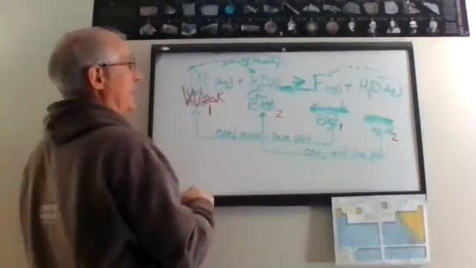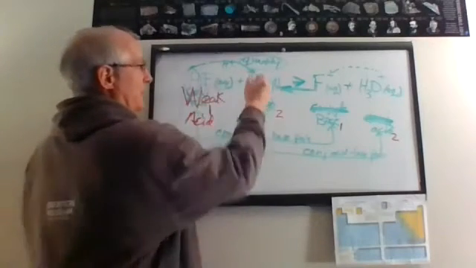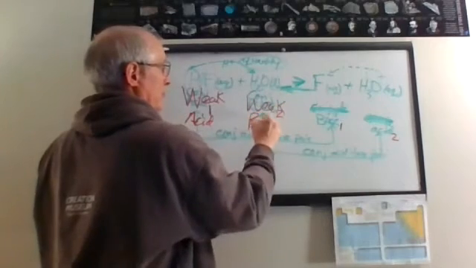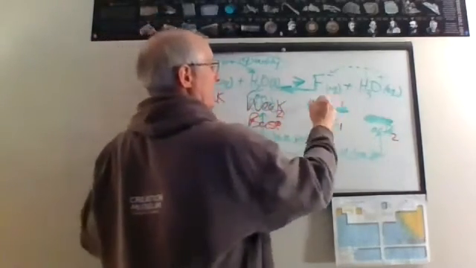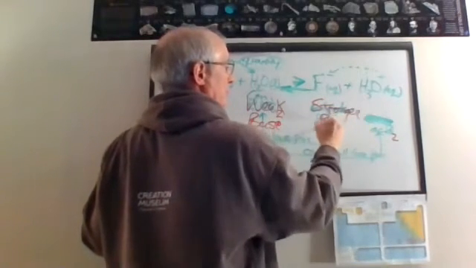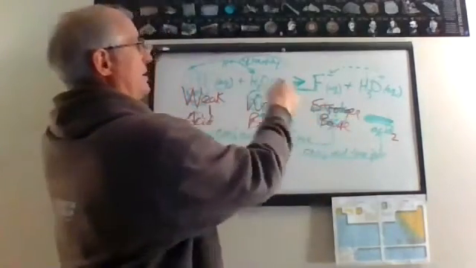So if that's a weak acid, which it is, then this is a weak base, which means that this is a stronger base. What do you mean stronger base? It's a stronger base than the water.